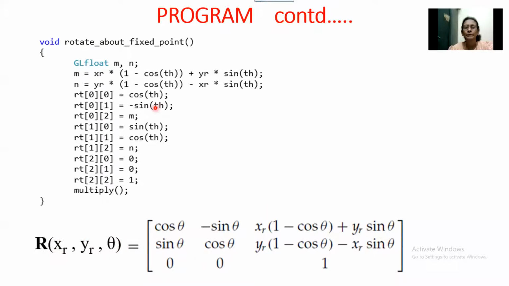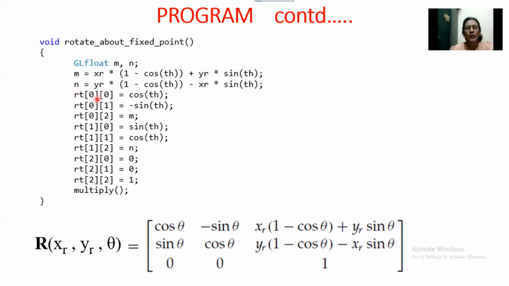This value, XR into 1 minus cos theta plus YR sin theta, is defined as M, so M equals XR into 1 minus cos TH plus YR into sin TH. Similarly, this value, YR into 1 minus cos theta minus XR sin theta, is N.